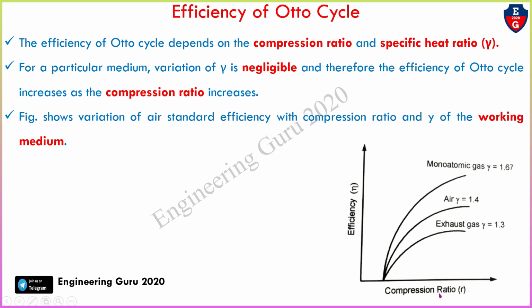Here you can see this is compression ratio r and this is efficiency. This is for exhaust gas, gamma equal to 1.3. This is for air, gamma equal to 1.4, and this is for monoatomic gas, gamma equal to 1.67. Usually a compression ratio of 6 to 10 is used for a petrol engine.